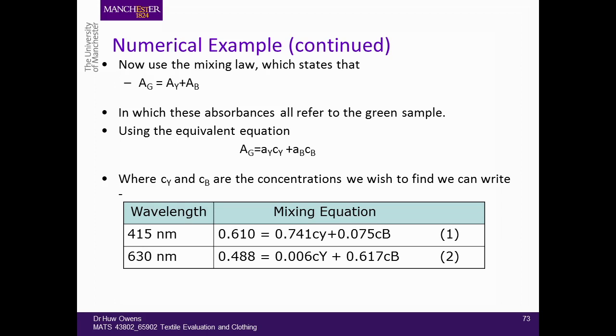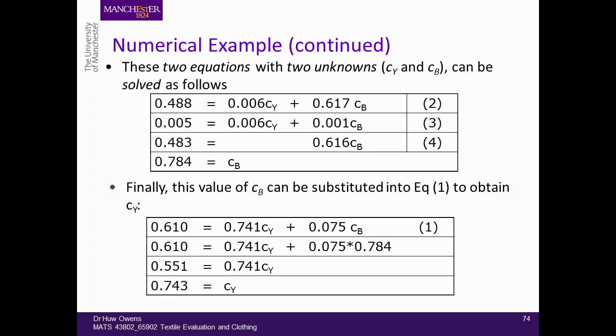Now we need to solve these simultaneous equations so that we can calculate the values. There are a couple of ways you can solve this. You can either take one from the other, or you can substitute the right values in. So we can work out the concentration of the blue dye and the concentration of the yellow dye.